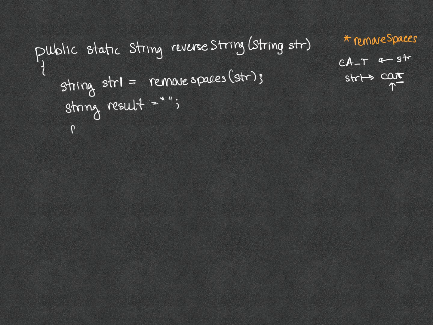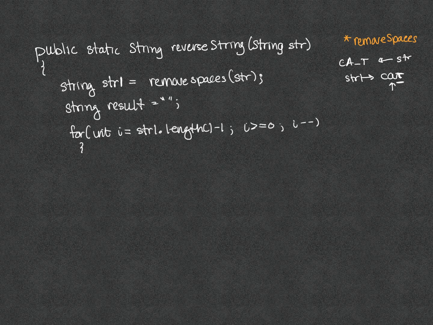Then I'm going to loop through, so for, and I'm going to go backwards. So int i equal to str1.length() - 1, and then i has to be greater than or equal to 0, i--.